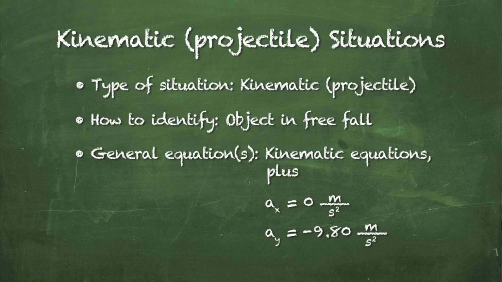We know that the acceleration in the x direction is 0 meters per second squared, and the acceleration in the y direction is negative 9.80 meters per second squared. Let's see what kind of motion we get out of that.